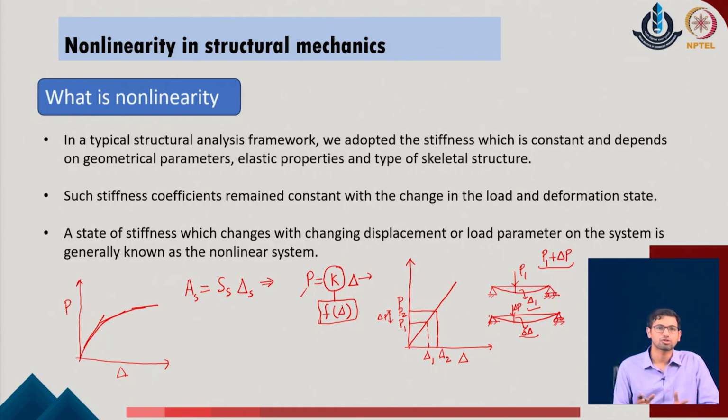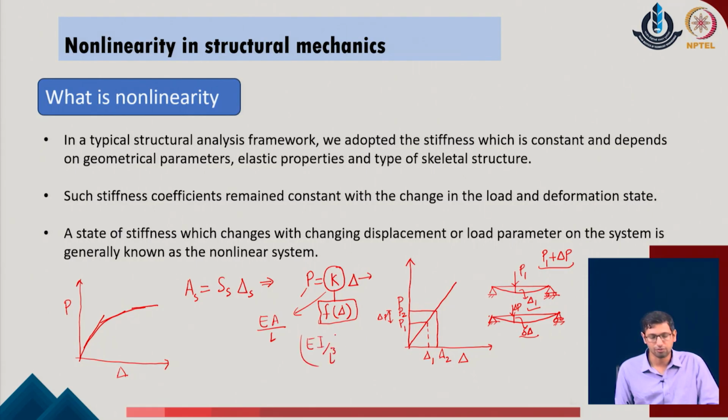So, in a typical structural framework which we adopted till now, we considered that the general material properties, the deformations of the system, were small, or the elastic properties of the system were such that the stiffness properties were constant. They were considered as a constant value throughout the application of the load on the system. What it means is that when we evaluated the stiffness parameters, if you can recall, we got coefficients like EA upon L, and coefficients like EI upon L cube.